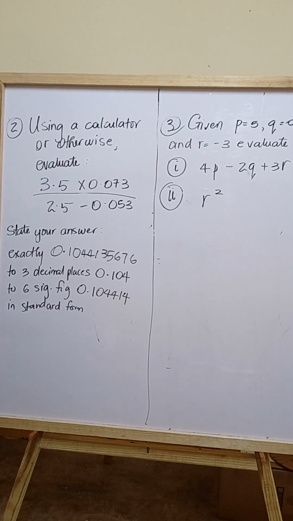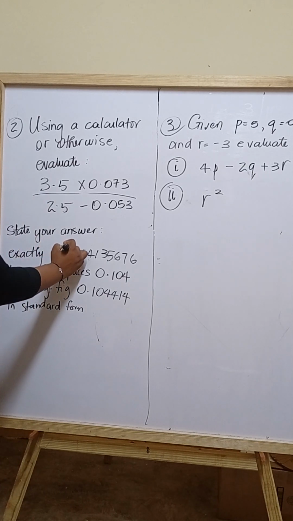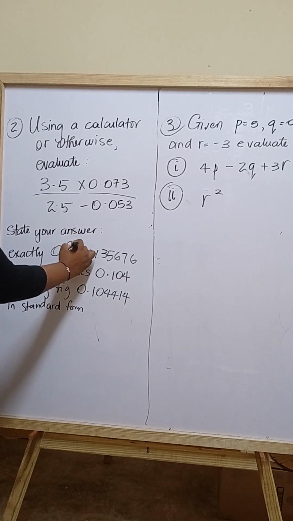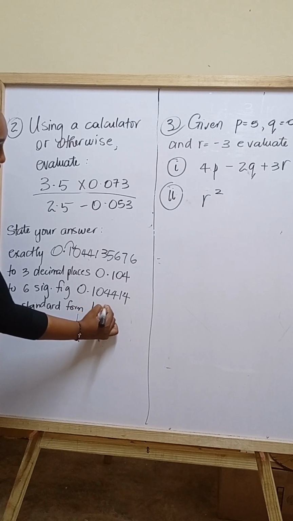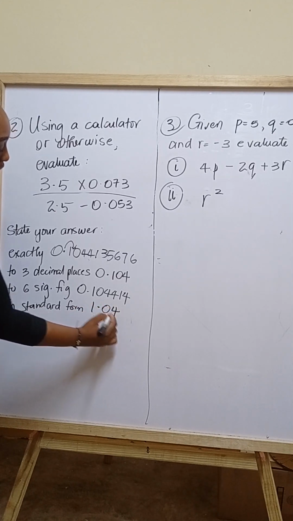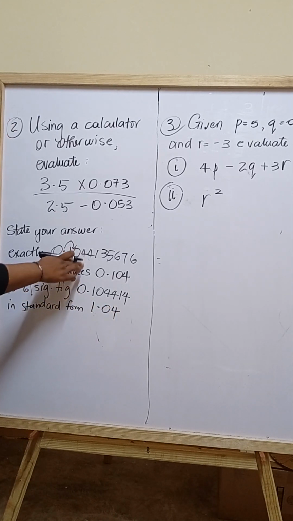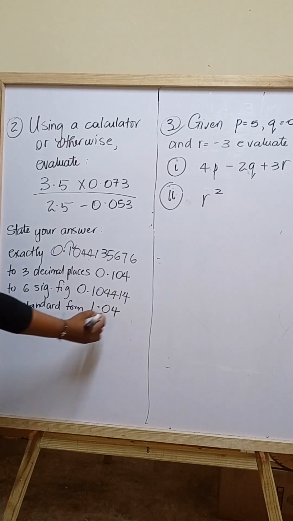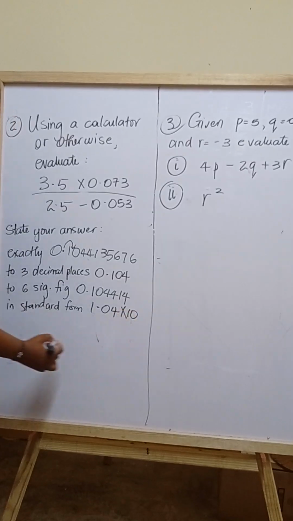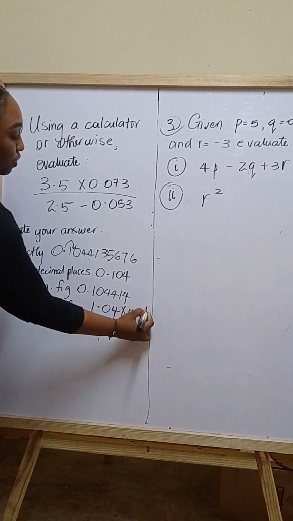In order to do that, we have to move it one place to the right. So we would get 1.04 if we round off to 3 decimal places, 1.04, 2 decimal places, times 10 to the negative 1.